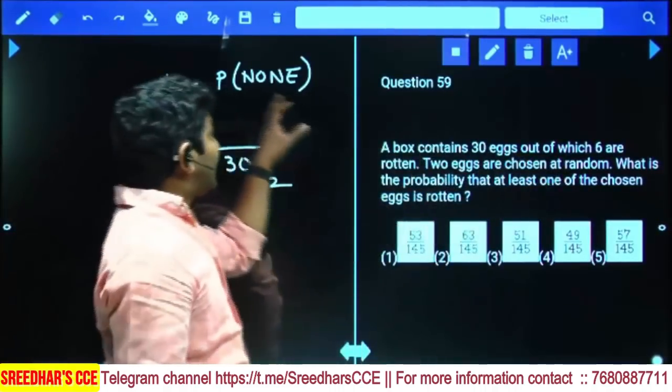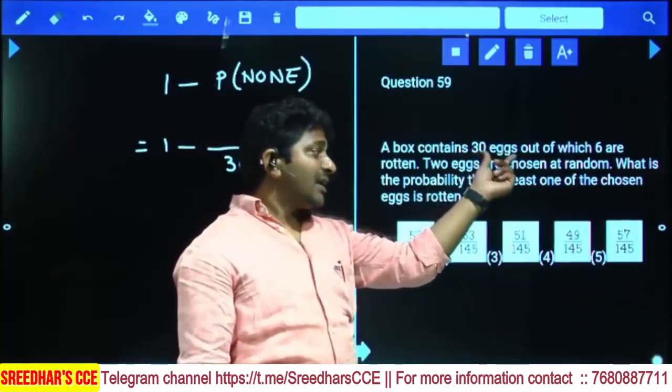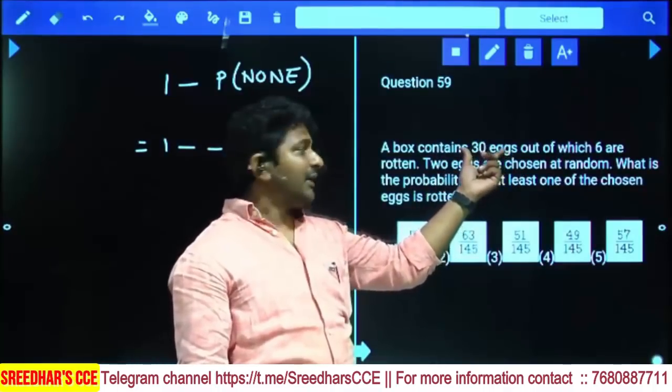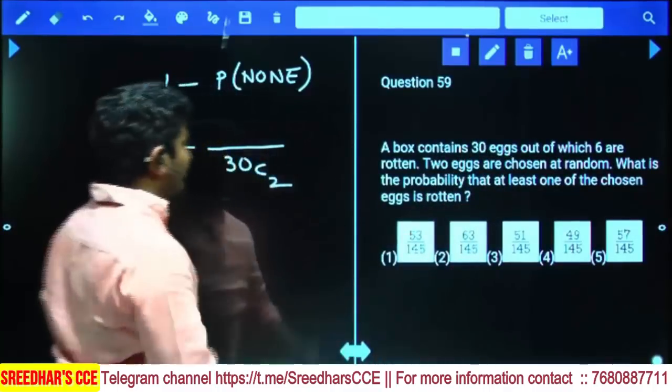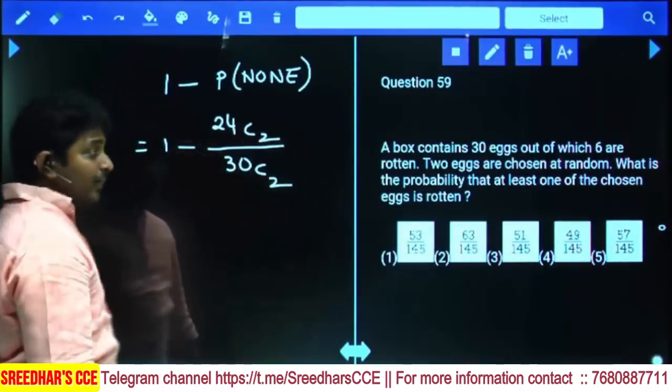If you are expecting none should be rotten, out of 30, 6 are rotten, and the perfect eggs, which are good in quality, are 30 minus 6, which is equal to 24. Out of these 24, if you get any 2, you'll get no rotten.